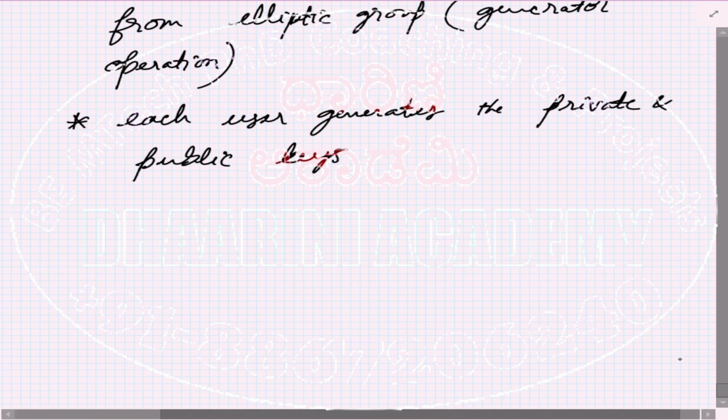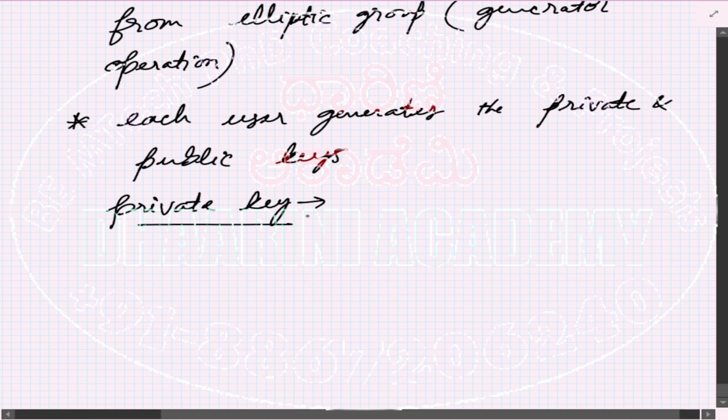For example, for the private key, you take an integer value between 1 and p minus 1.